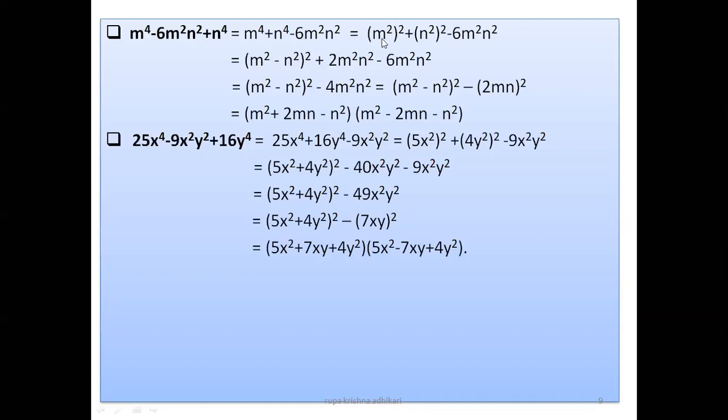So here what happens? (m square minus n square) whole square plus 2m square n square. So I have used the other formula here. Here (m square minus n square) whole square, plus 2 and minus 6 will give you minus 4. 4 is a square number. So you can convert this expression to a square minus b square form. Hence (a plus b) into (a minus b), the result.